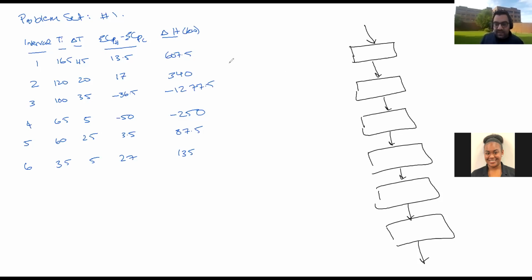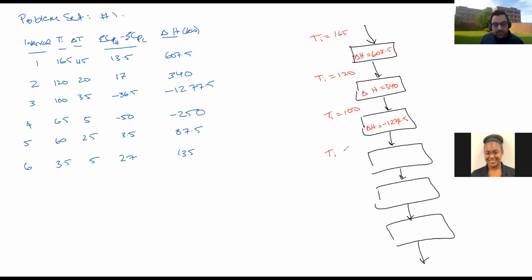Okay, so on the left-hand side, you're gonna write your initial temperature of each interval. So at the very top, I have Ti is 165. And then in the box, you're going to write your enthalpy. And here, delta H in the first interval is 607.5. Second interval, the initial temperature of this interval is 120. The delta H in this interval is 340. I'm just reading the numbers from a table, moving them here. Third one, initial temperature is 100. Delta H here is minus 1277.5.